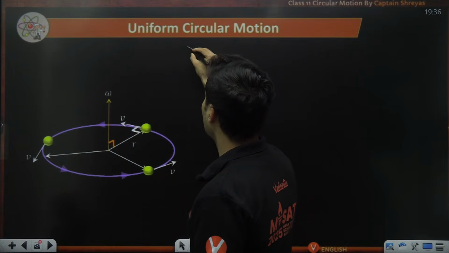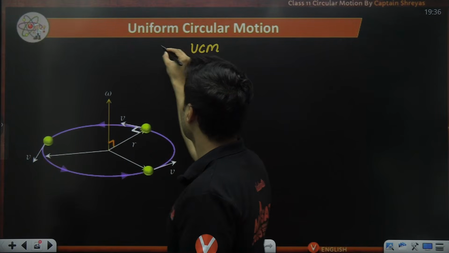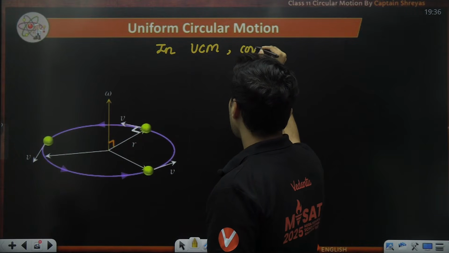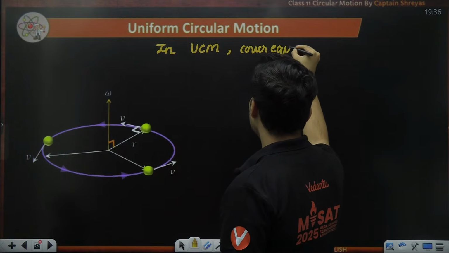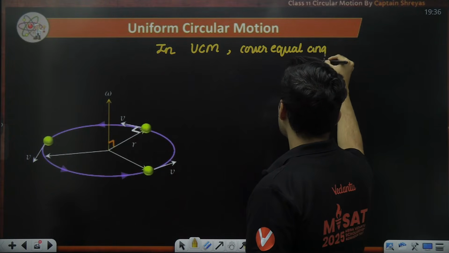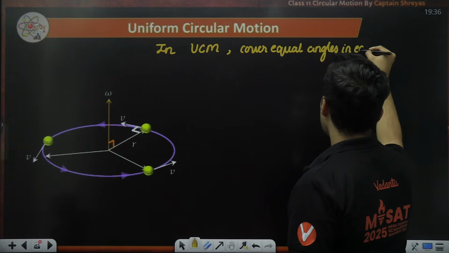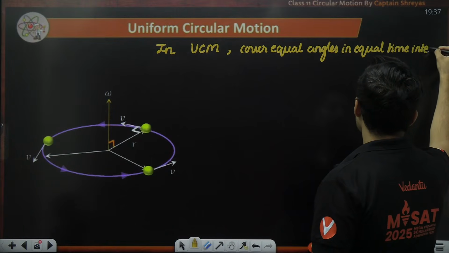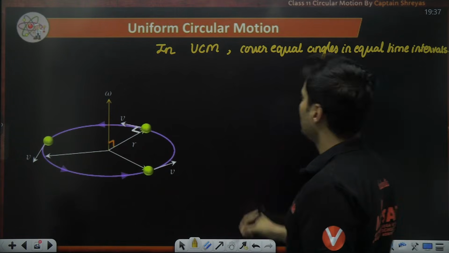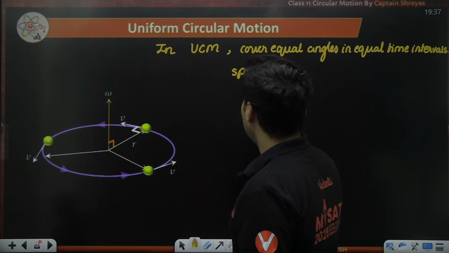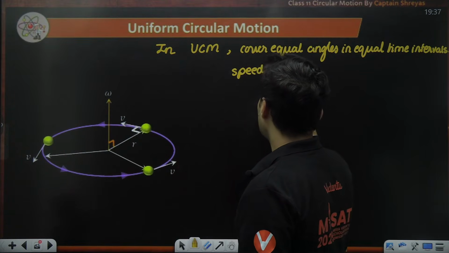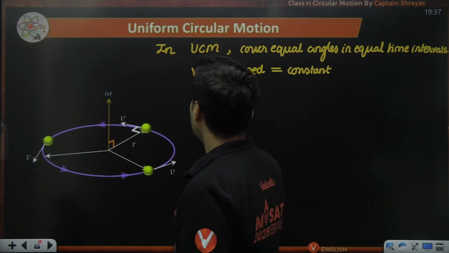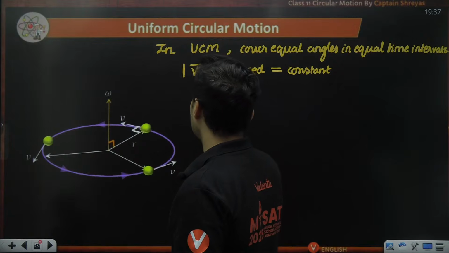So in uniform circular motion, you cover equal angles in equal time intervals. So my speed is definitely a constant. That means the magnitude of the velocity.